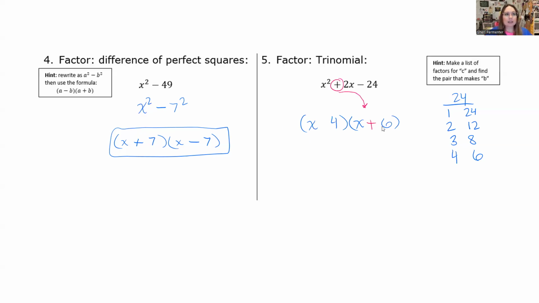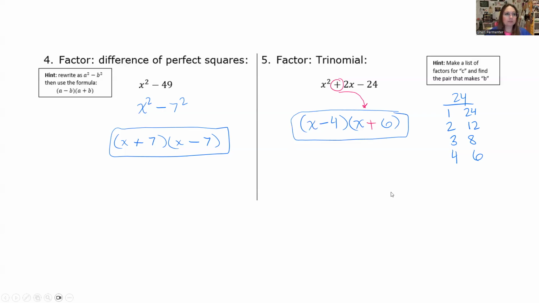If I have 6, would I add or subtract 4 to make positive 2? Subtract. So you always start with your bigger number. Your bigger number will always match the sign of the middle term. And if we multiplied negative 4 times positive 6, do I get negative 24? Good job.